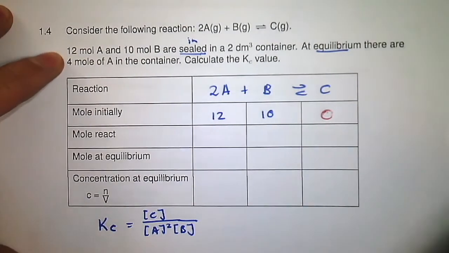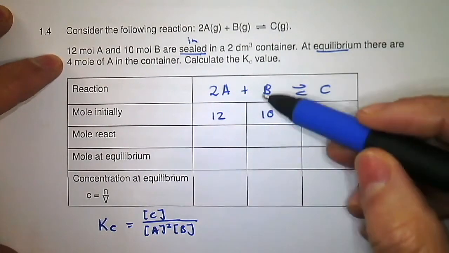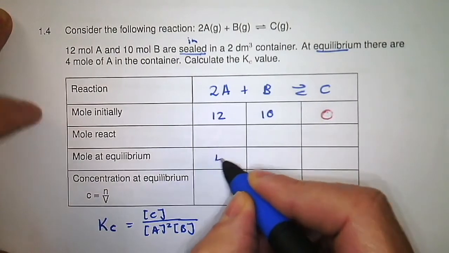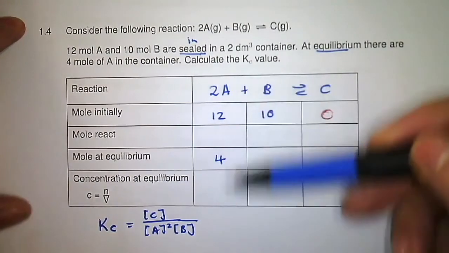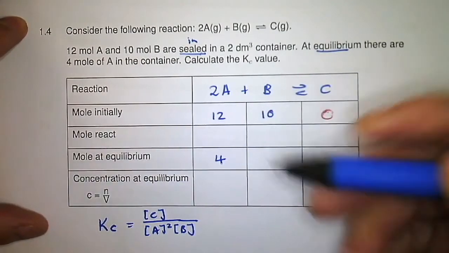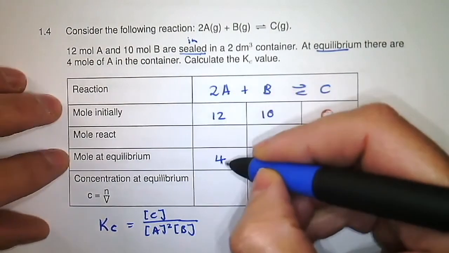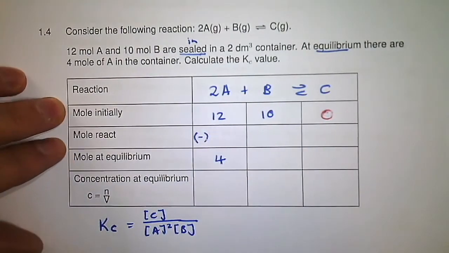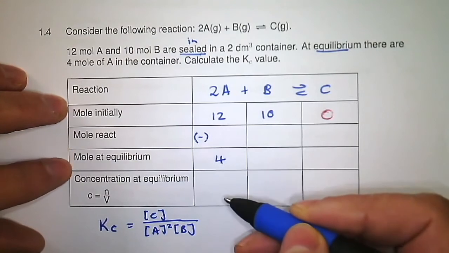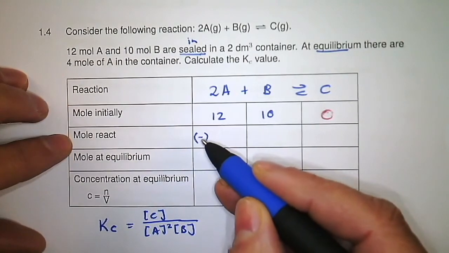And then they tell you that at equilibrium, you've got 4 moles of A, right? Now, immediately there you've got a column where you've got more than one, and that will tell you something. If I start with 12 and I end up with 4, it means some of this was used during the reaction, right? So I'm going to put a small minus there.